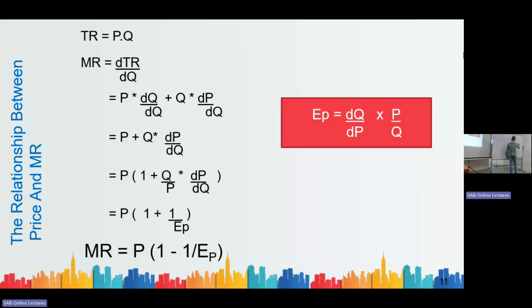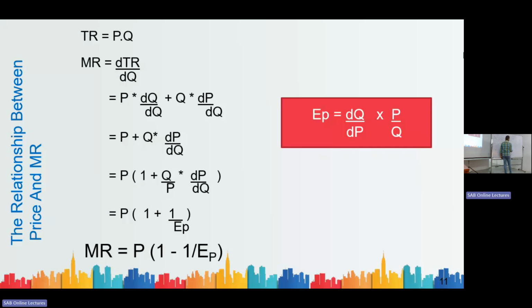1 over 2 is 0.5. The price is 15. 15 into 1 minus 0.5 is 15 into 0.5, and the final answer is 7.5.